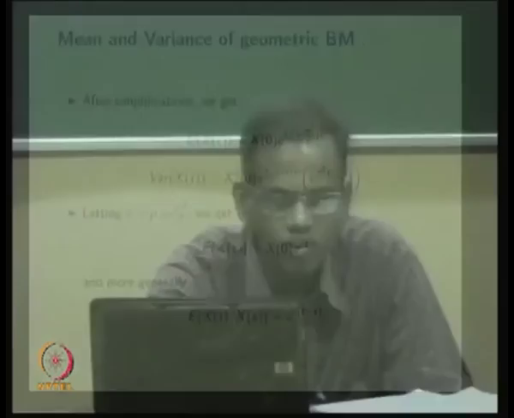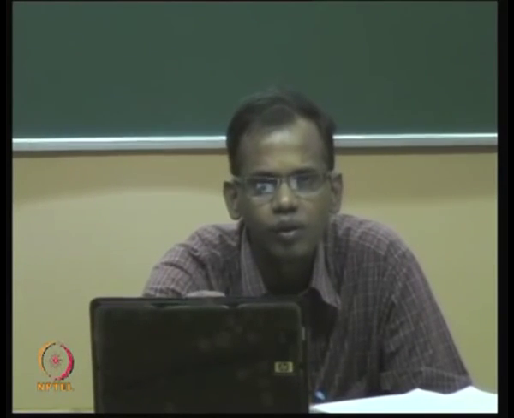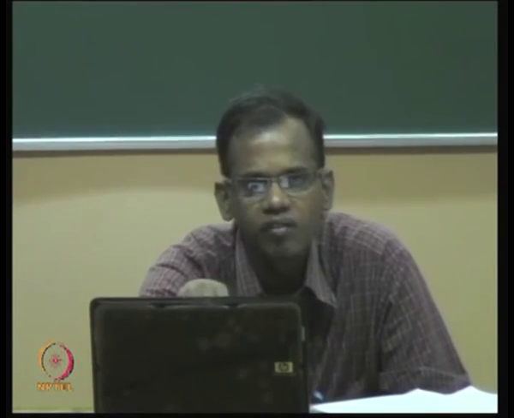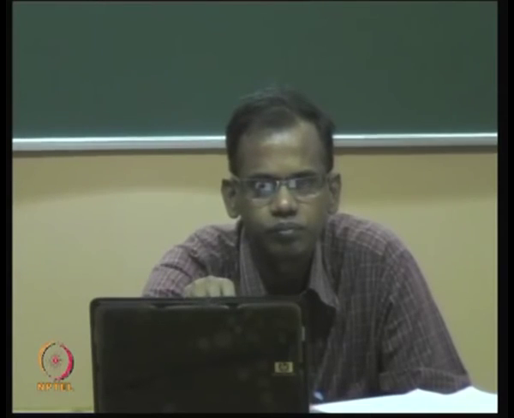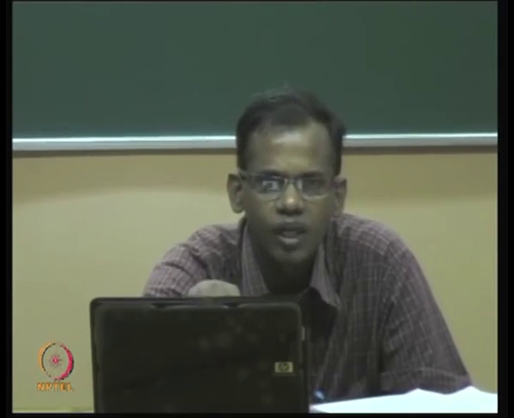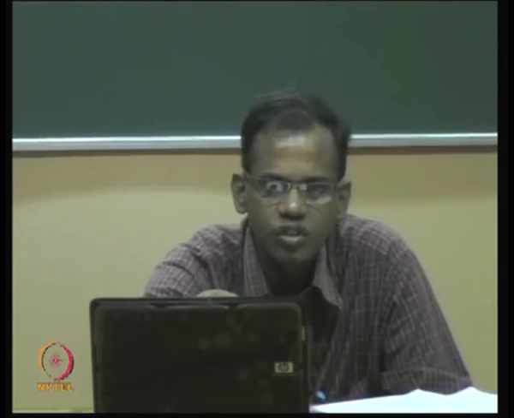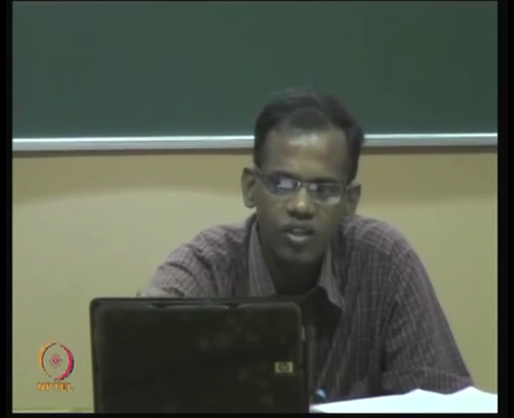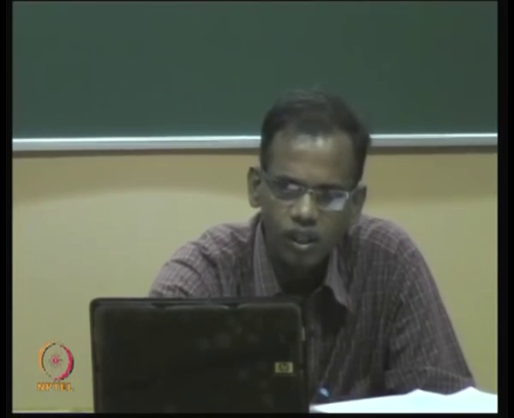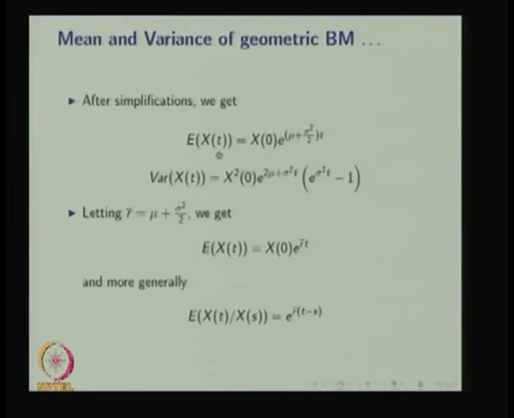After simplification, first we use the moment generating function of wt and the form xt is equal to x naught e power wt. Then we get the expectation of xt as x naught times e power mu plus sigma square by 2 times t.